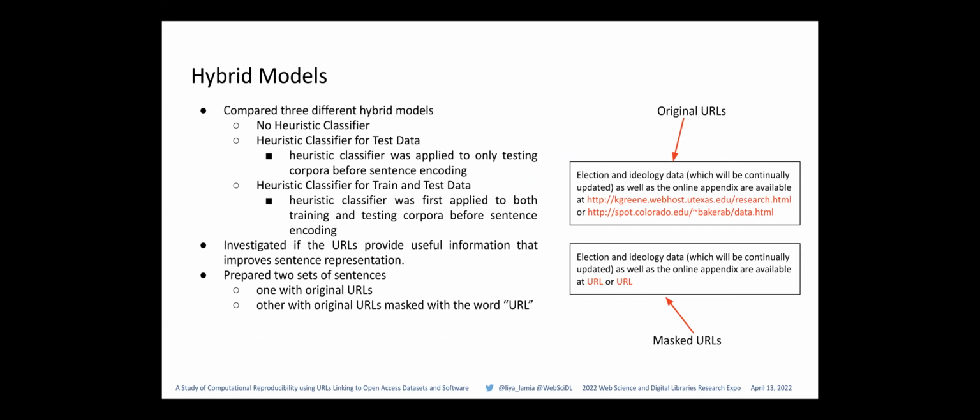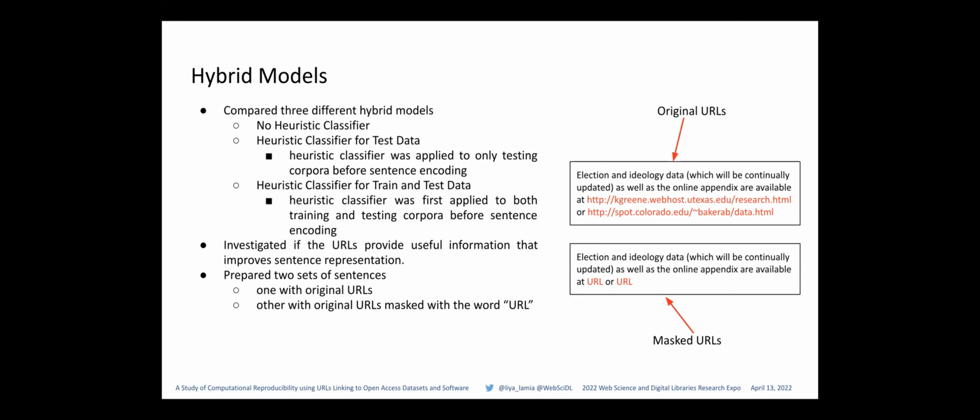In this model, we didn't apply the heuristic classifier to either the training or testing data. We just fed the sentences into the language models, got the encodings, and later fed them into the logistic regression classifier.